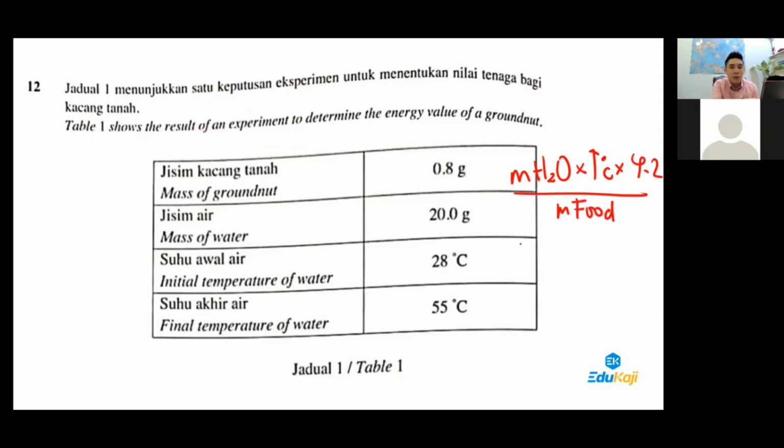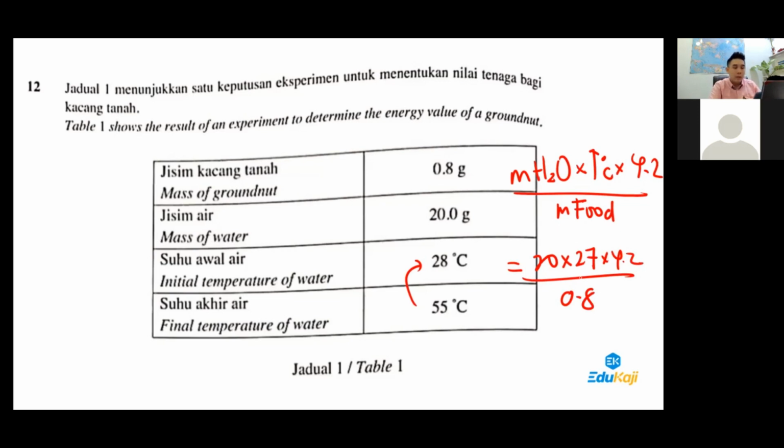So guys, please check. Mass of water 20 gram, increase in temperature 55 minus 8, 27, multiplied by 4.2, then the food is 0.8 gram. Okay, let's check.